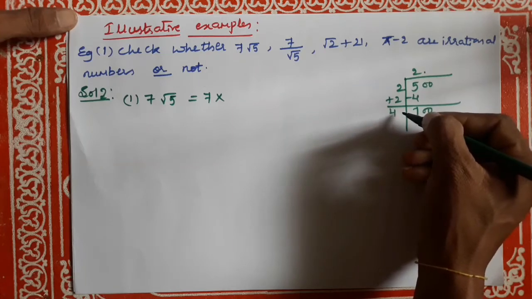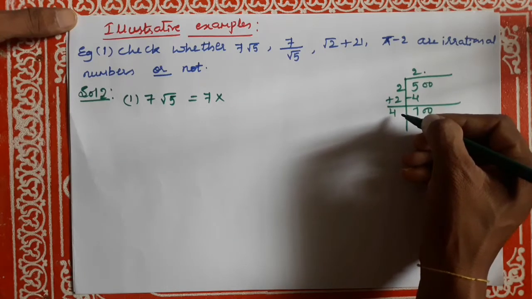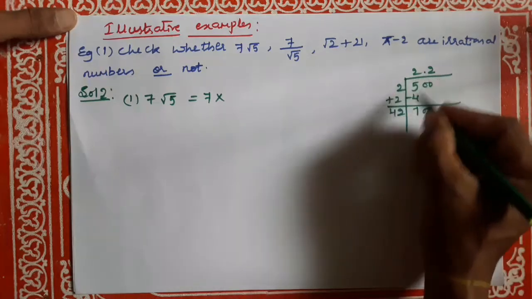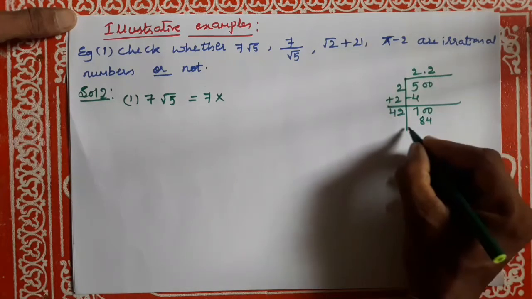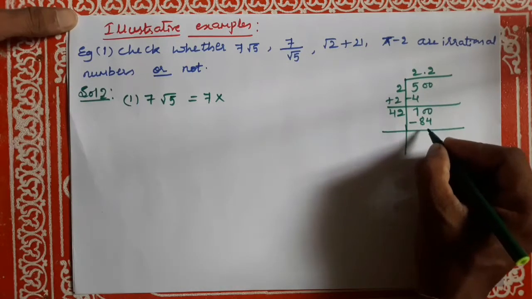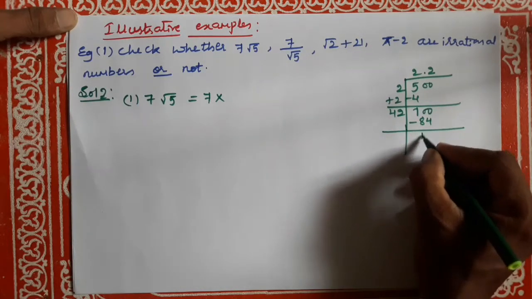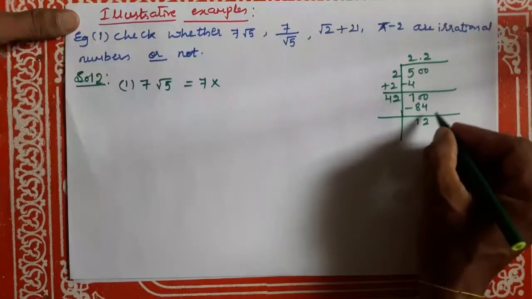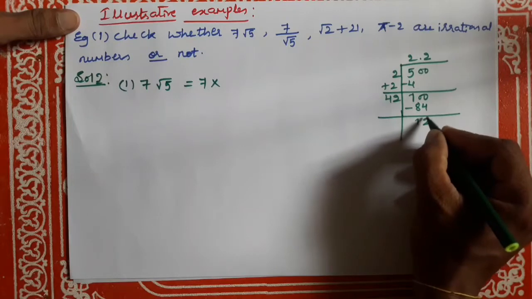For example, 42 2s are 2 2s are 4, 2 4s are 8, 84. 100 minus 84 is equal to 16.